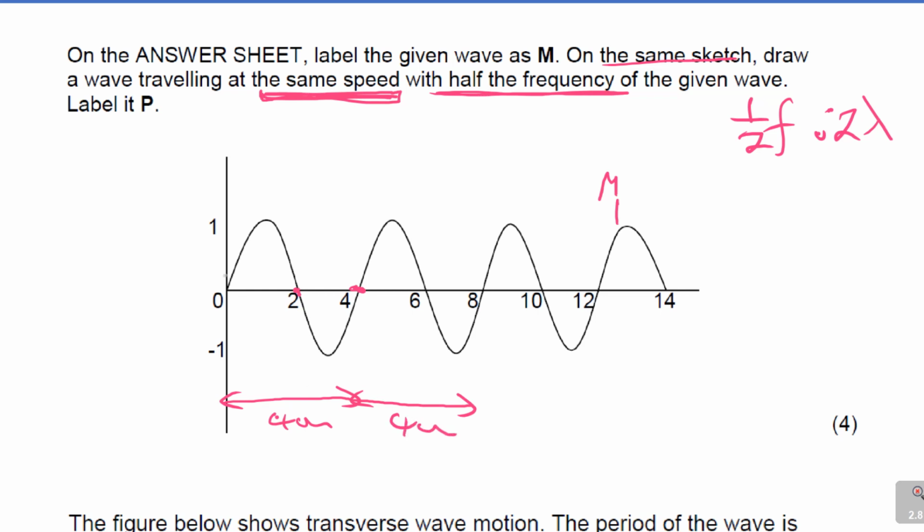When you're sketching it, at 4, that is the new amplitude. So you're going to have a wave like this where there is 4, and then where there is 8 is where this wave is going to turn.